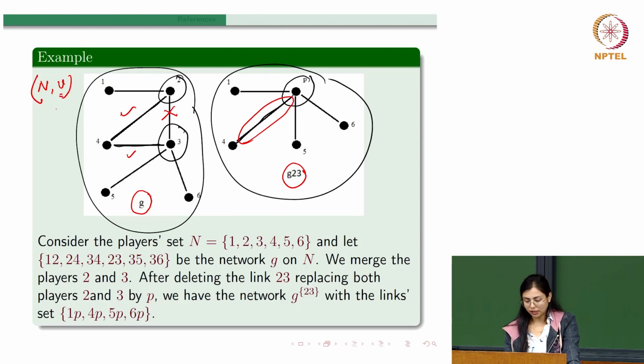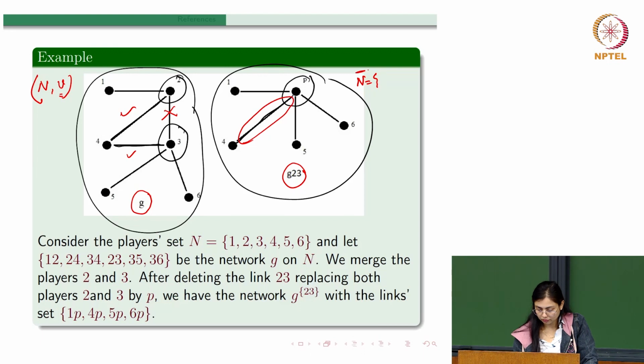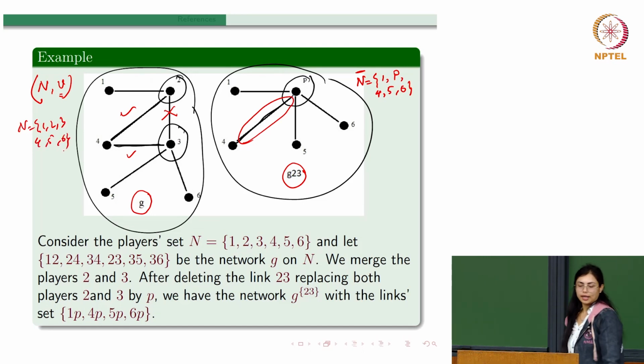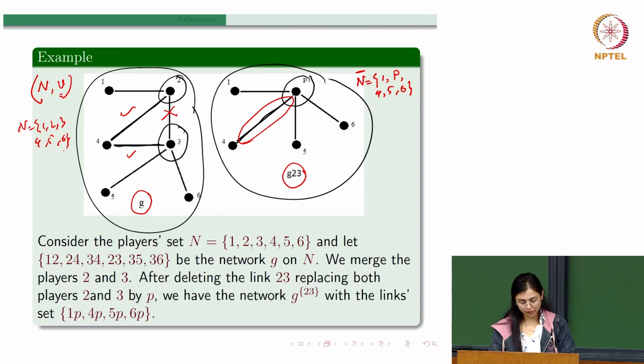But here my player set will be 1, P, 4, 5, 6, where P is the merged players 2 and 3. Earlier my player set was 1, 2, 3, 4, 5, 6. So here I merged the two players, so my network structure is different.